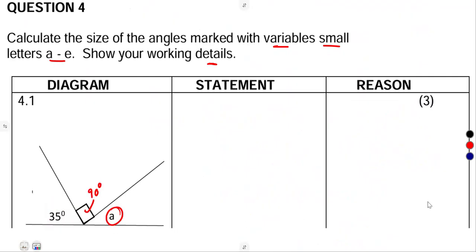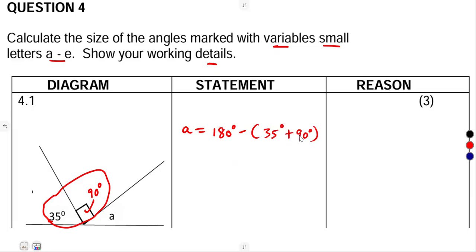Then there is the variable a, which is found on a straight line. So a can be solved by taking these two angles from what? From 180 degrees of a straight line. So that's going to be 35 plus 90 degrees from 180, angles on a straight line.